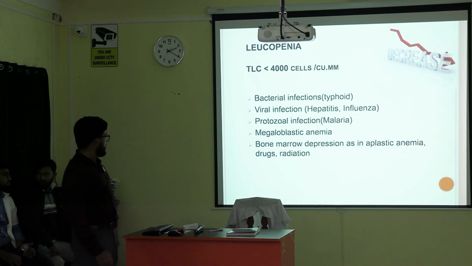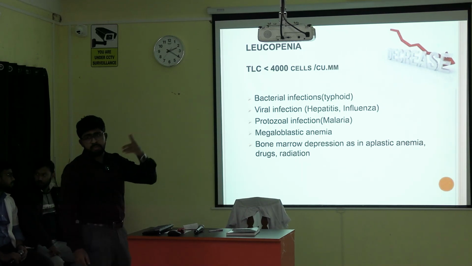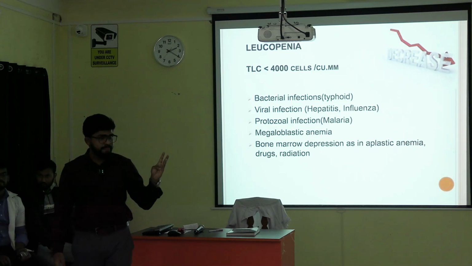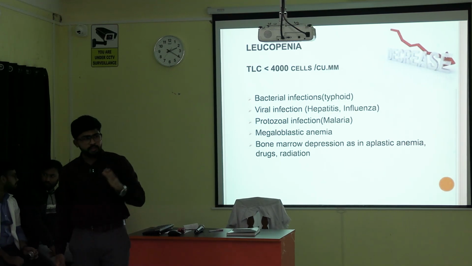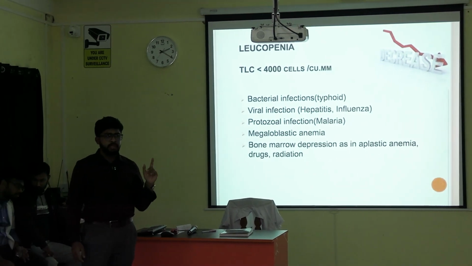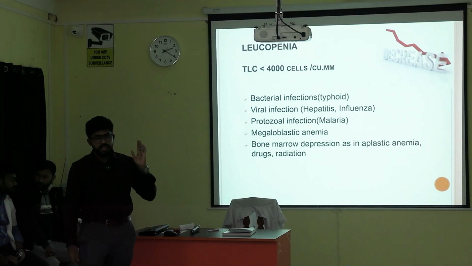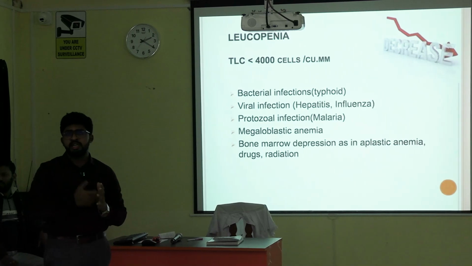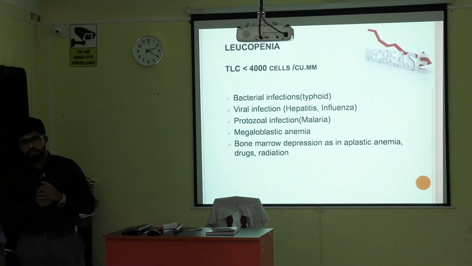Okay, then there are protozoal infections like malaria. What happens in malaria? There is hepatomegaly, there is splenomegaly. When the spleen increases in size, there is an increased amount of filtering of the lymphocytes.